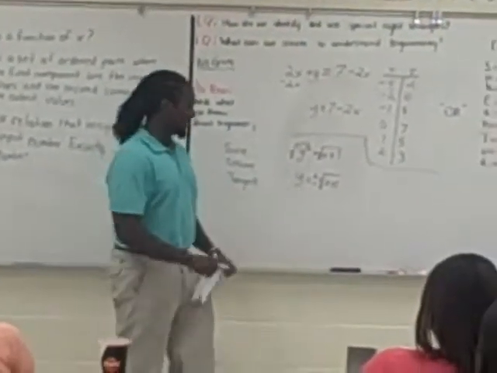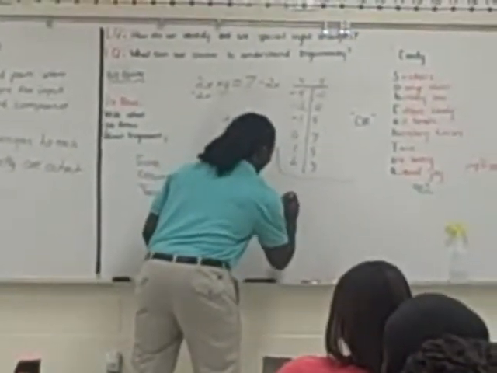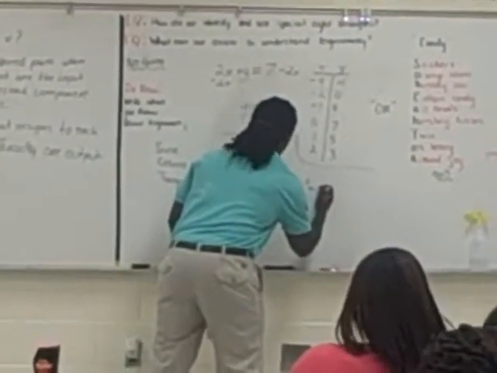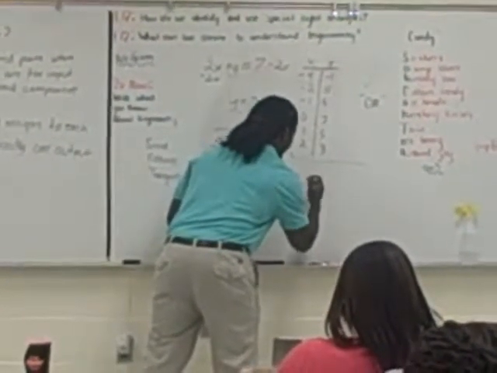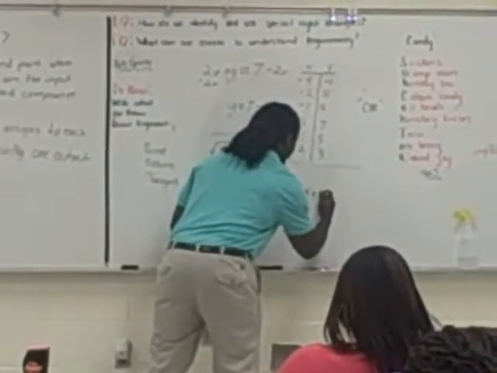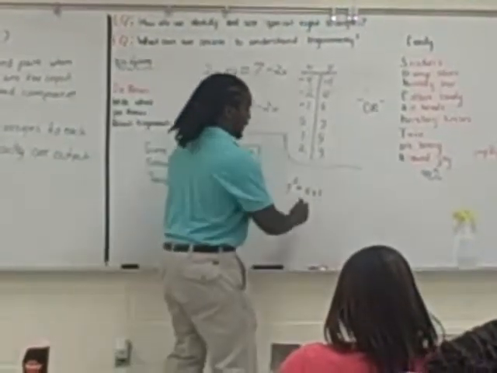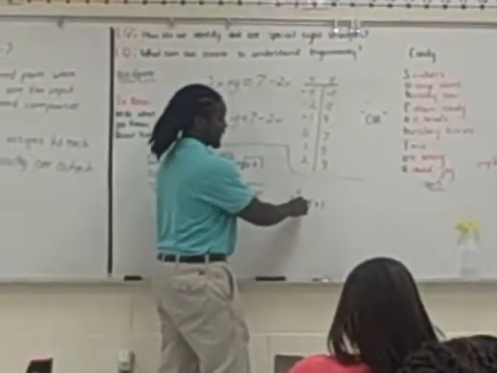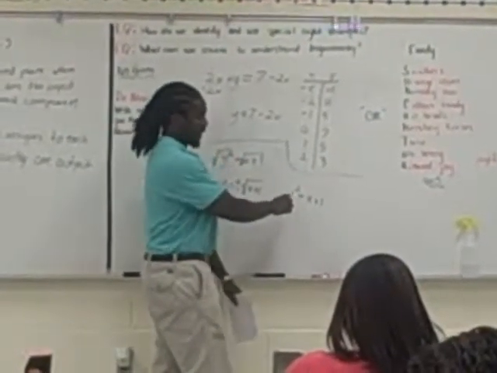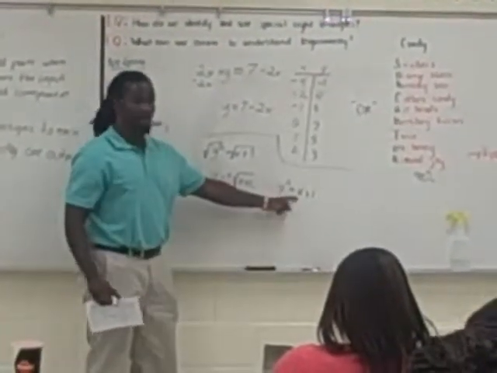It's right in front of you. Look at this. My original equation was y squared equals x plus 1. Let's make this simple. Let's say I plugged in 3 for x, so my input value is 3.